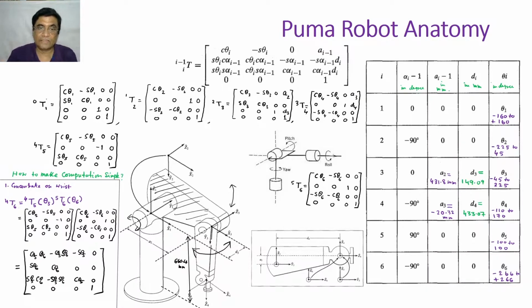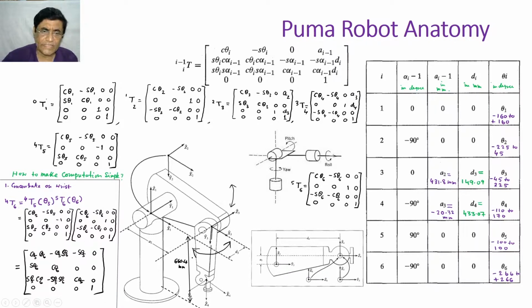Identifying all this motion is very important, and of course, when the robot is given, you will know that. But I am trying to tell you these are the motions. So the elbow is another joint moving up and down.